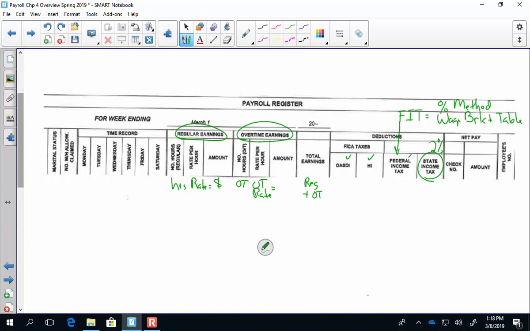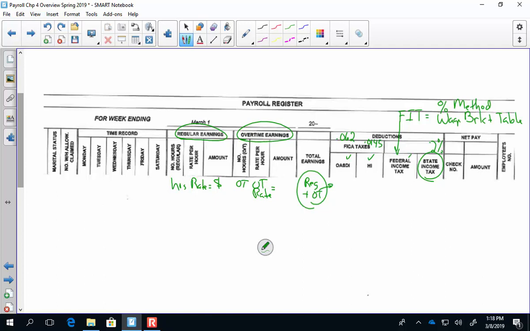And the total earnings, obviously, is what we then compute the 0.062 for OASDI and 0.0145 for Medicare on, based upon total earnings. So be aware that's what you're going to be doing on the exam.